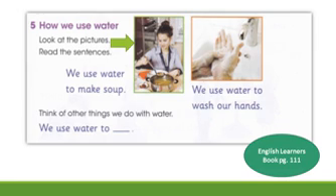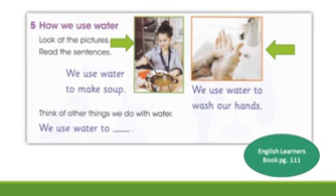Okay, next one. How about the next picture? What can you see from the picture? There are two hands. And what are they doing with the hands? Will you read after me? We use water to wash our hands. Okay, very good.